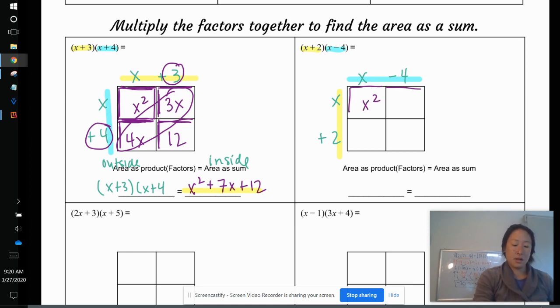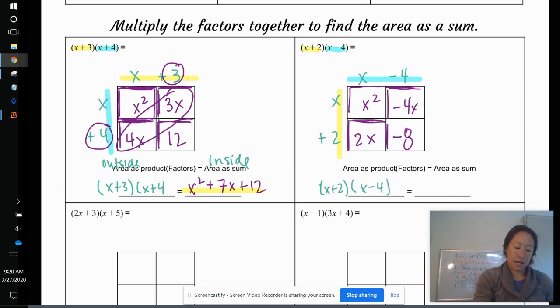Negative 4 times the side, which is x, gives me negative 4x. The top is x, the side is 2, so 2x. And then negative 4 times 2 gives me negative 8. As factors, which was the original, x plus 2 times x minus 4.